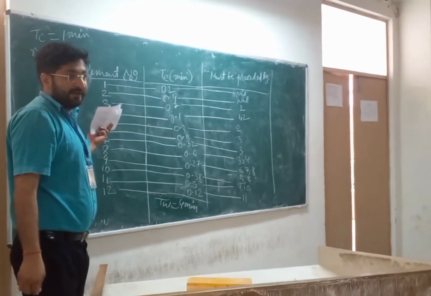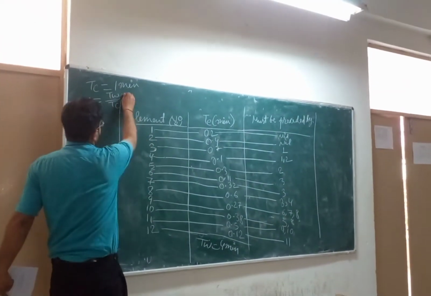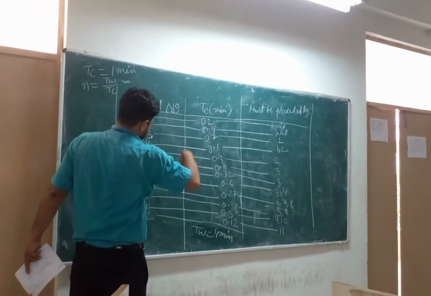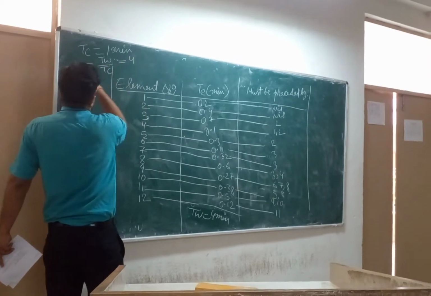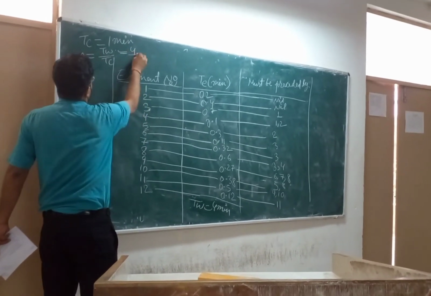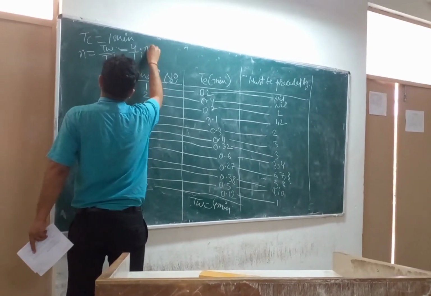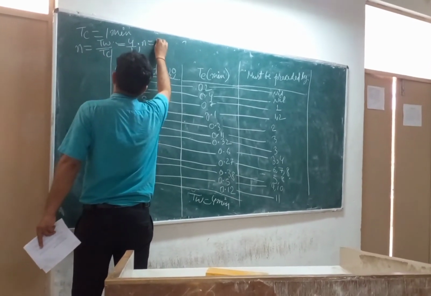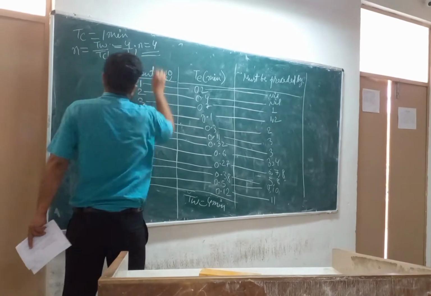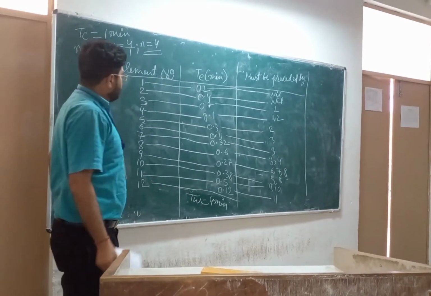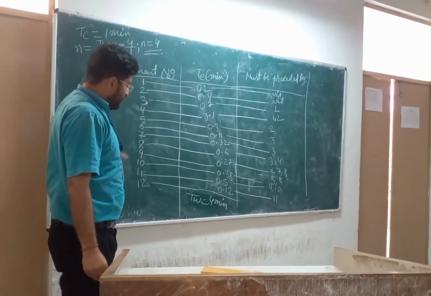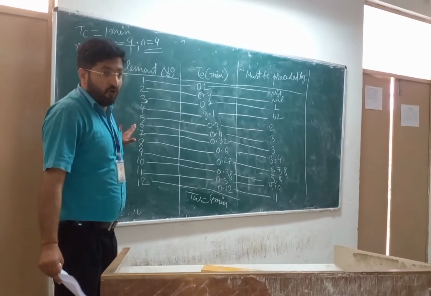Total work time is 4 minutes and TC is given as 1 minute, so n is 4. The minimum number of workstations that you have to keep for these 12 elements is 4.